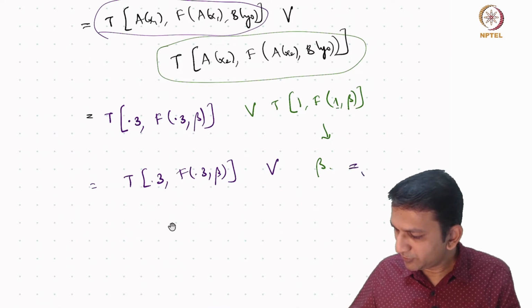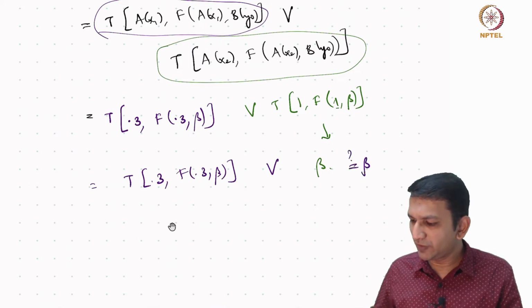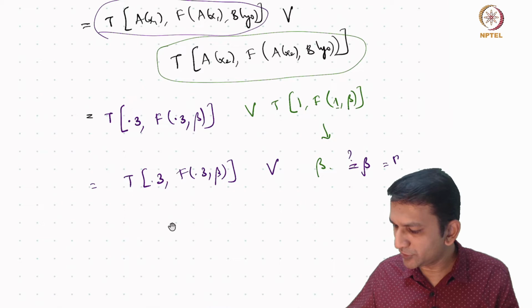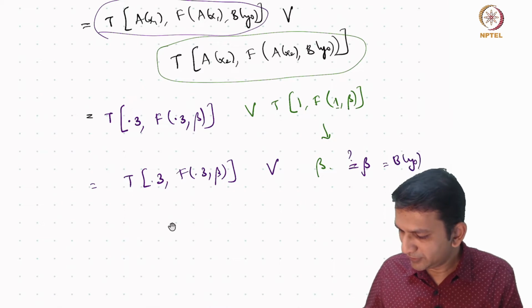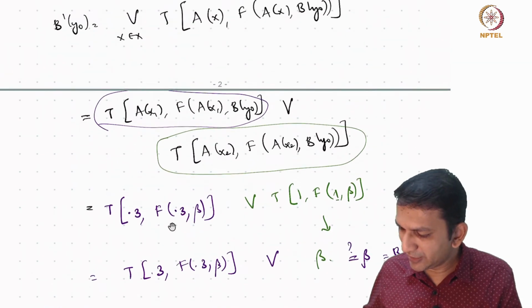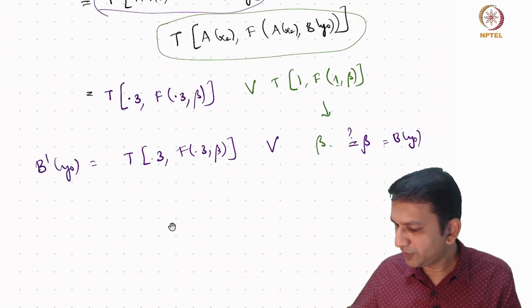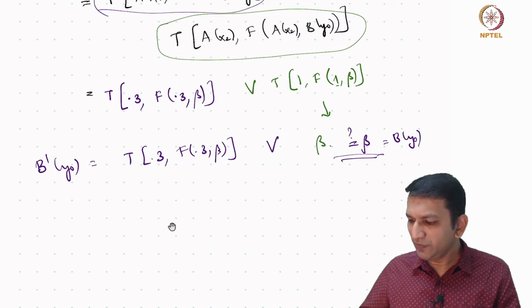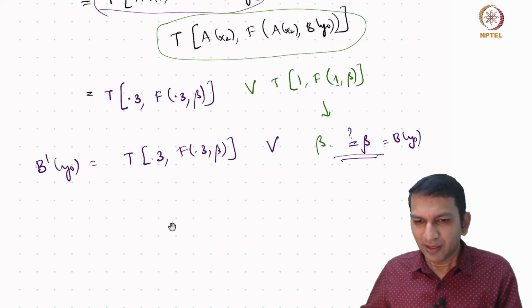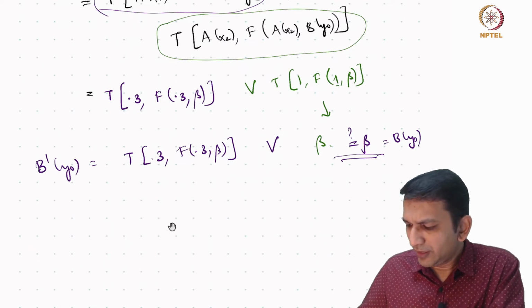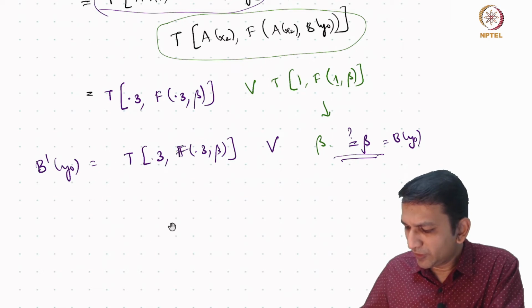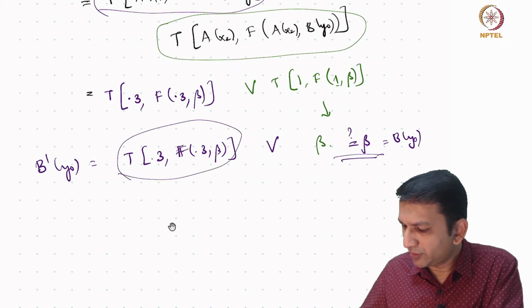If you want this to be beta, you can ask the question, when will this be equal to beta? Because we want this B dash of y to be B of y0. Remember, this is essentially B dash of y0, and we want this to be equal to B of y0. So when will this be equal to beta? Well, clearly we want that this value here should be smaller than beta.